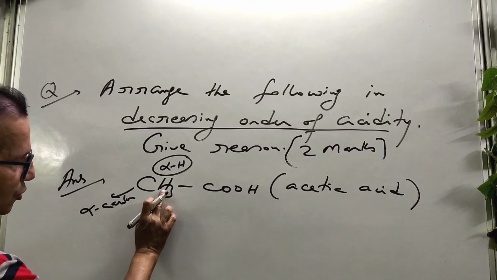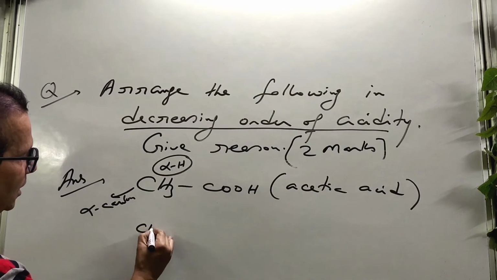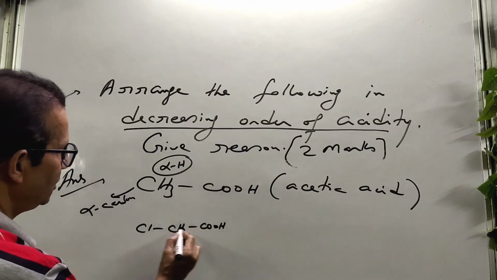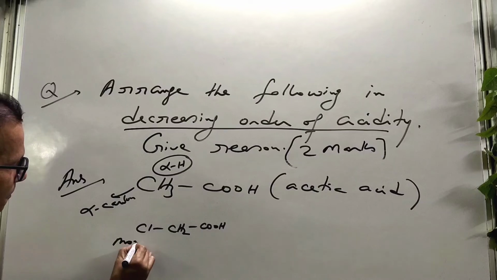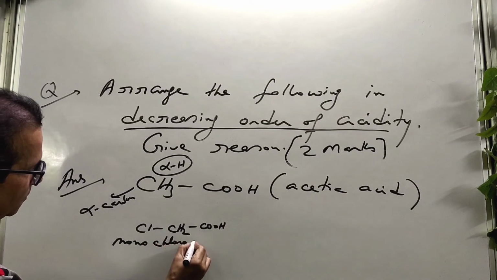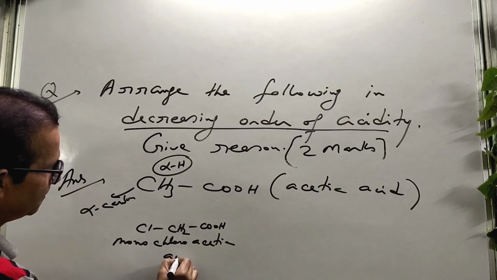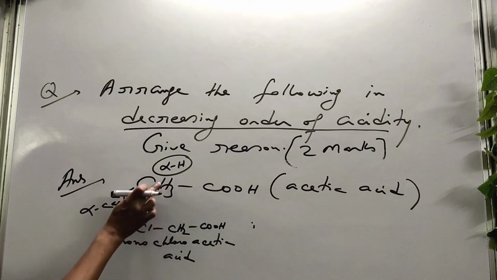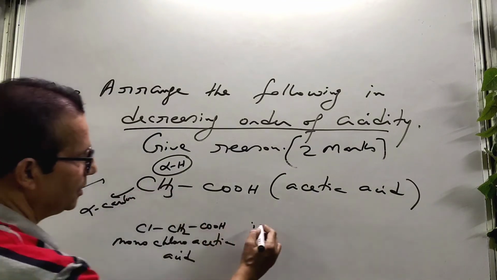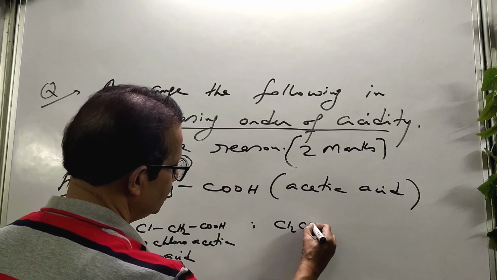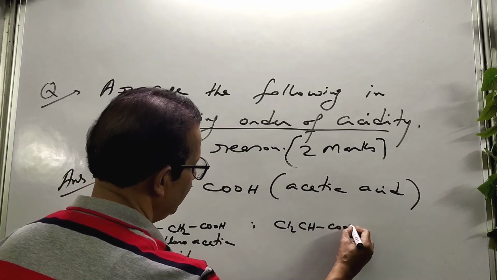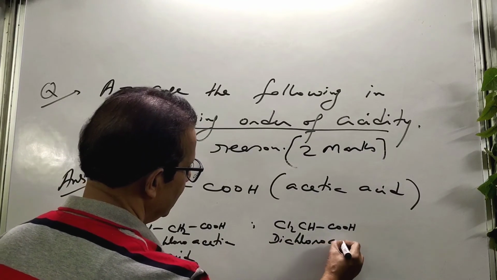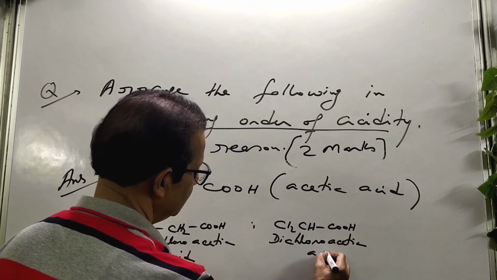If you replace one hydrogen atom by chlorine, ClCH2COOH, it is called monochloroacetic acid. If you replace 2 hydrogen atoms by chlorine, Cl2CHCOOH, it is called dichloroacetic acid.